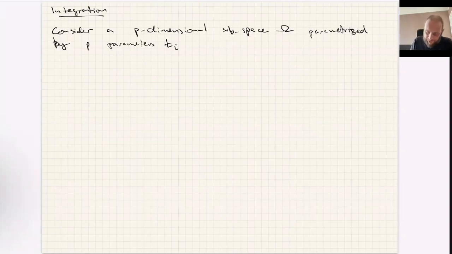And that parameterization is some function from omega t, the subset of R^p where the coordinates live, to omega.